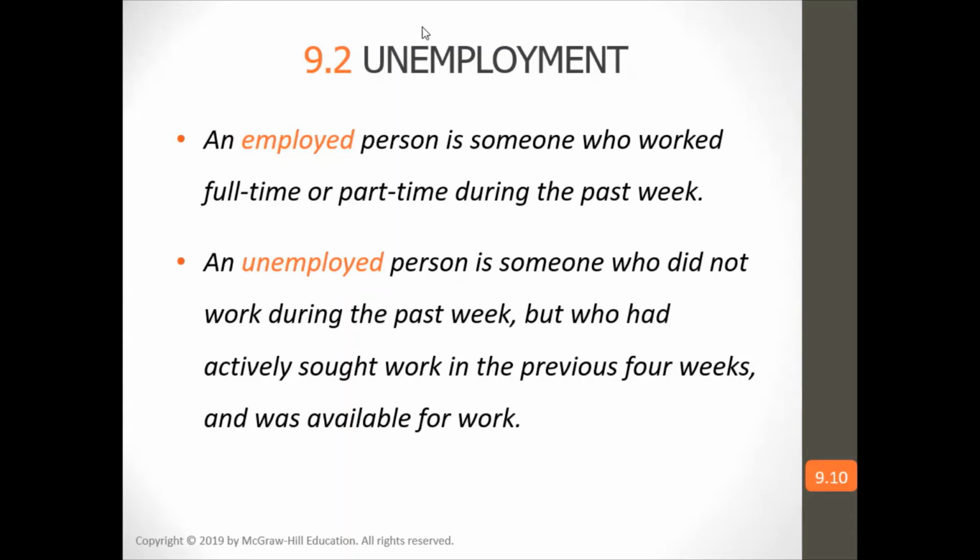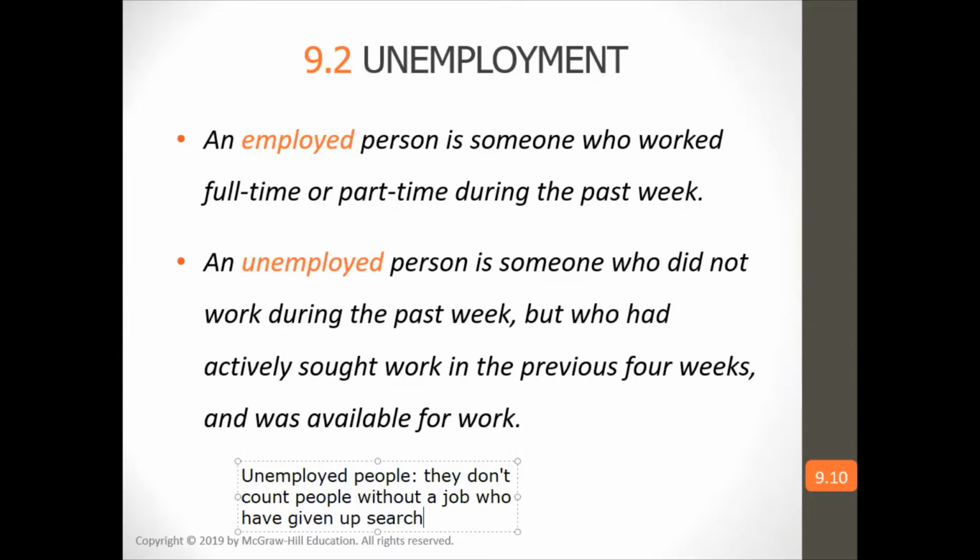The problem with unemployed people is they don't count people without a job who have given up searching for work. So they don't count those people, which is a problem. They need to count those people.